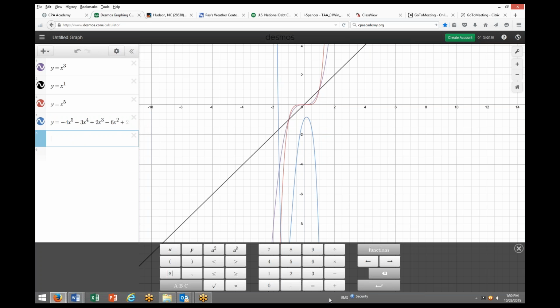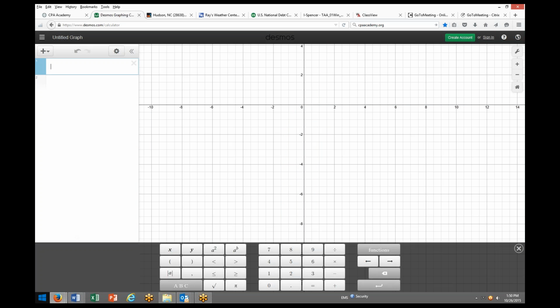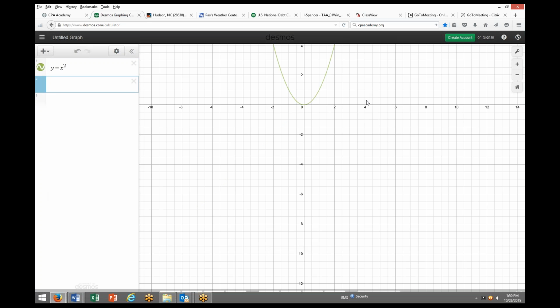All right, so what about even degree functions? Well, let's eliminate some of these here. And if we have like y equals x squared, well, interesting difference here.